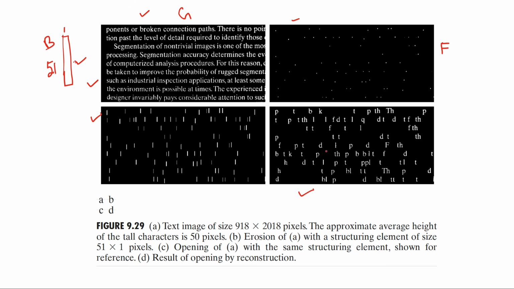Now the peculiarity of this image is, this image contains only the letters which are taller in size. All the letters such as O or E are eliminated, but taller letters such as P, T, L and D, etc. are preserved in the final output. So this is one kind of application of the reconstruction. I hope it is clear. Thank you.